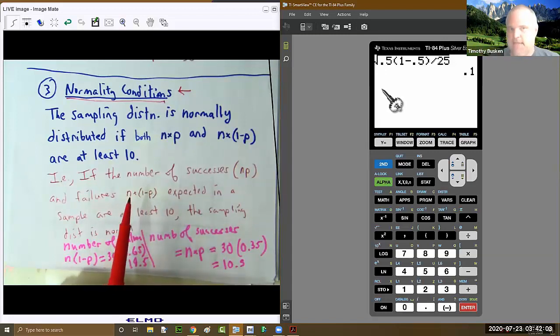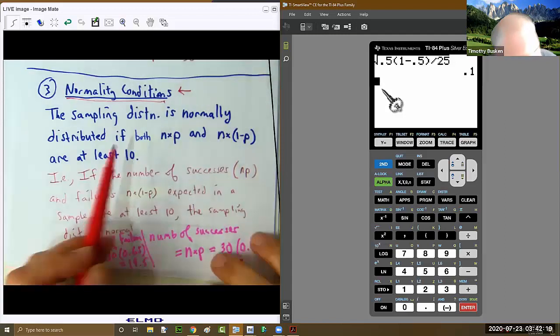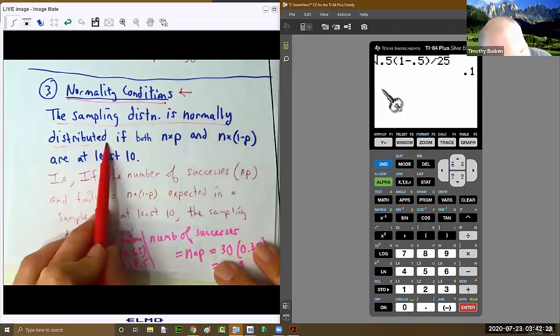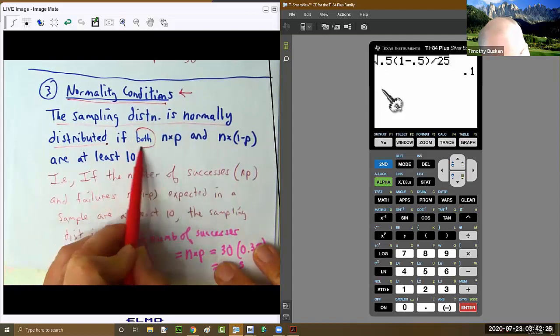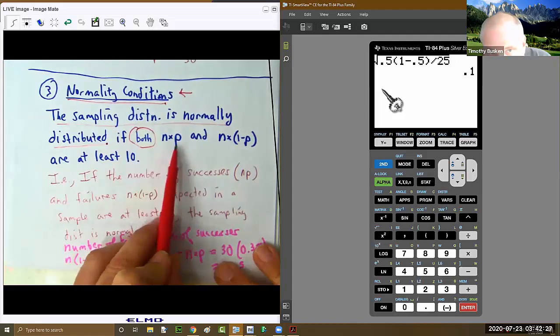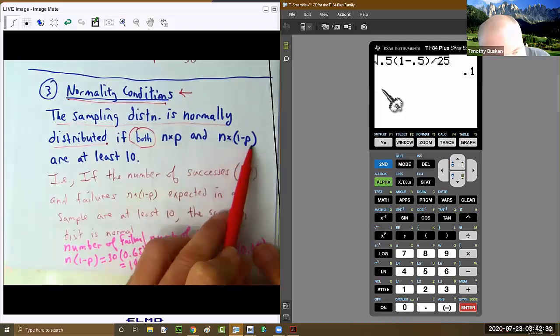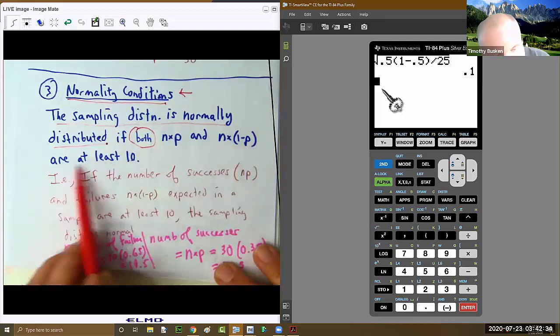And it turns out from inspection of a number of binomial distribution graphs, probability histograms, and then it was proved later, that your sampling distribution will be normally distributed if both n times p and n times 1 minus p are 10 or higher.